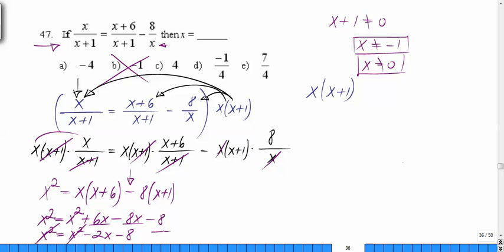So basically, your equation is now negative 2x minus 8 equals 0.